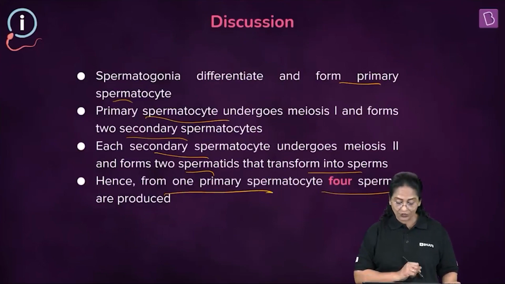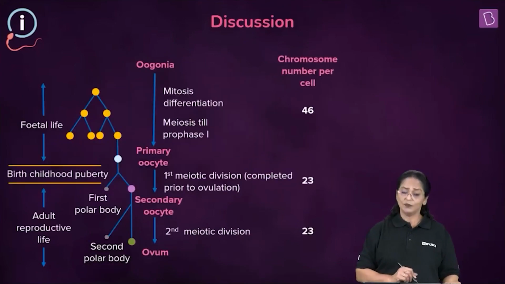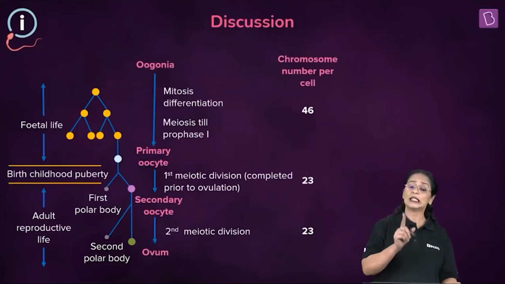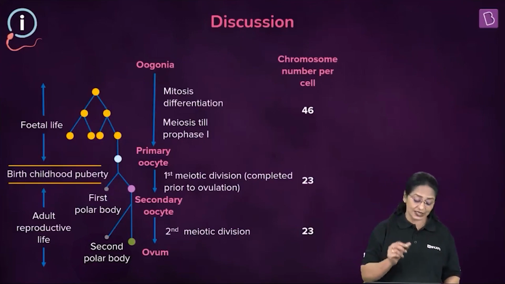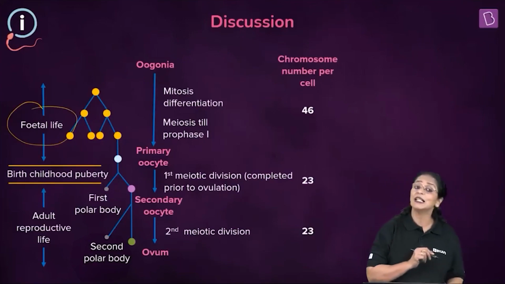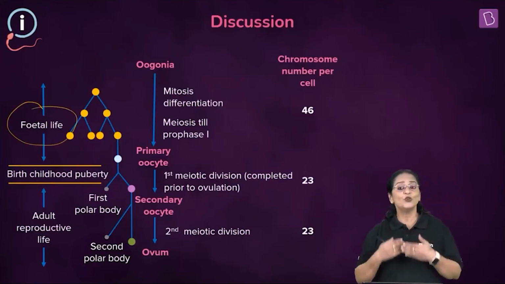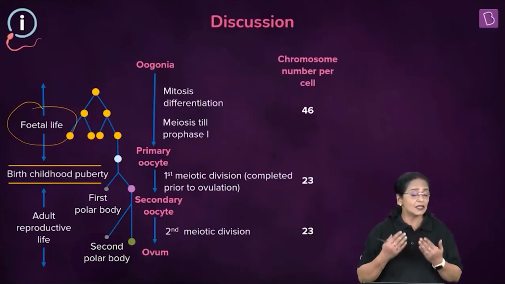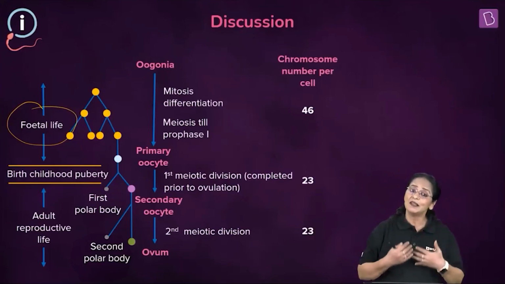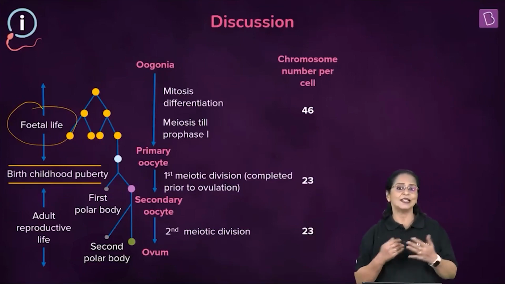Next comes oogenesis. Spermatogenesis starts at puberty in males, whereas in females, oogenesis starts in fetal life itself. That means during pregnancy, if the developing fetus is a female, it starts in the fetal stage itself.